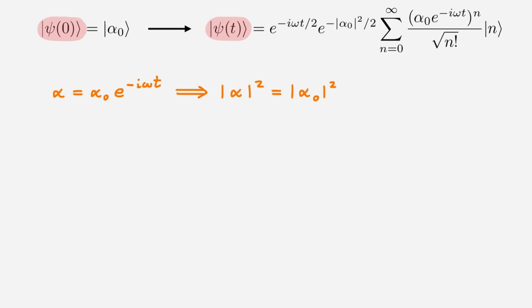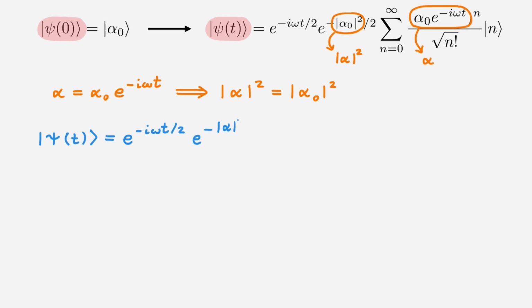Using this definition, we see that we can replace this term with alpha, and we can also replace this term here by the absolute value squared of alpha. This means that we can rewrite the state of the system at time t as equal to this phase, multiplying this exponential prefactor, and then multiplying the infinite sum over energy eigenstates.